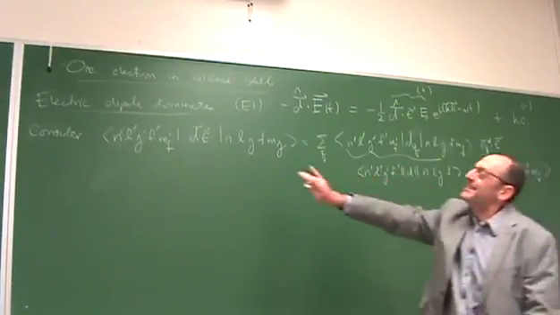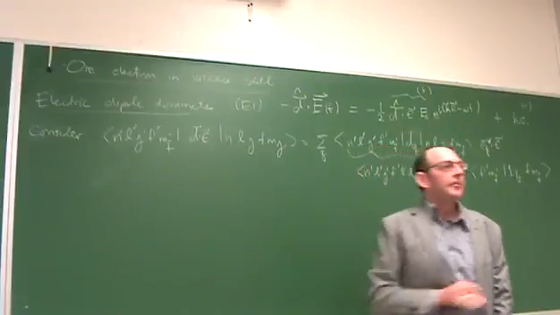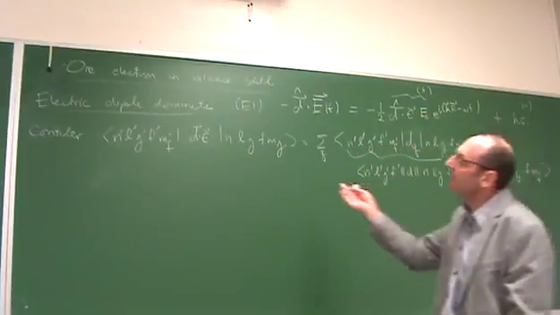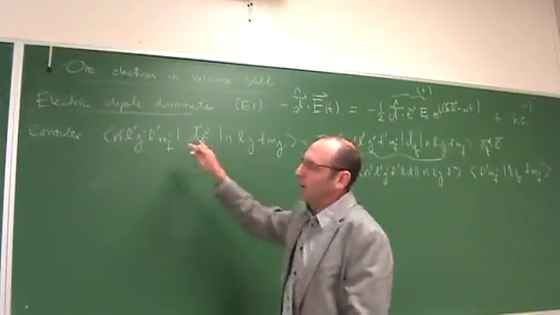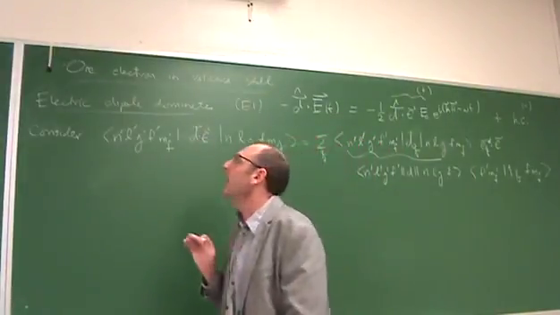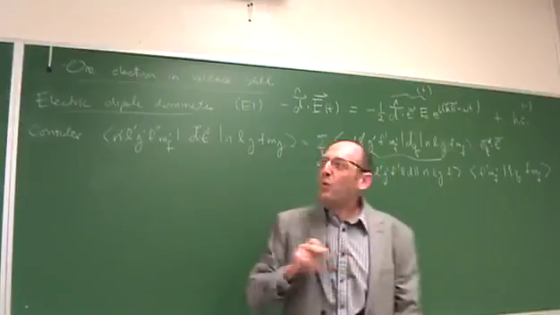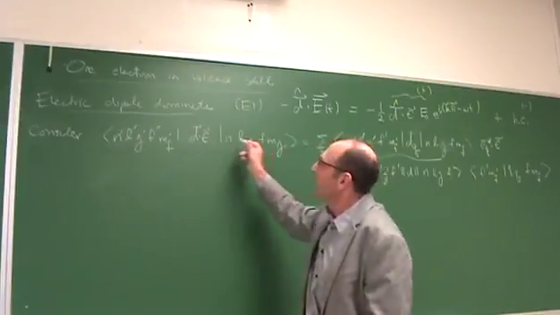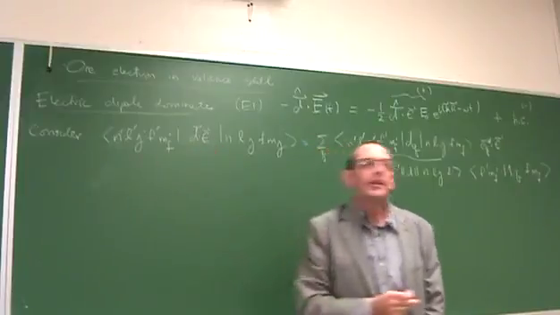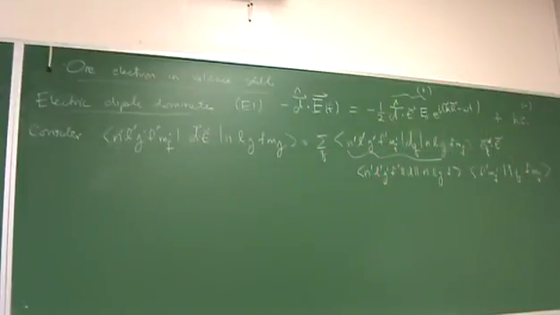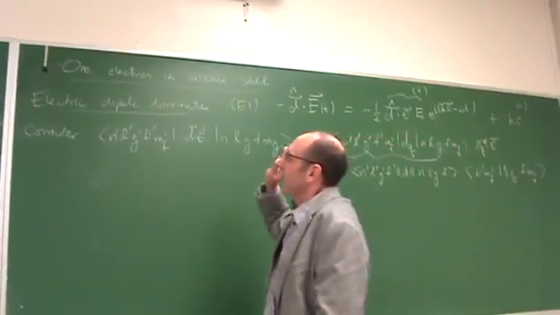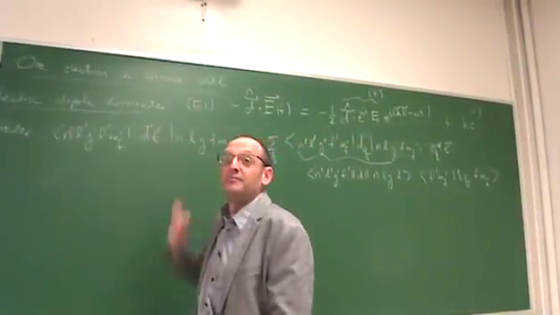And so we needed to consider this kind of matrix element in order to determine the rate of transition, and in particular what we're focusing on right now is what are the quantum numbers associated with the initial and final states that are allowed if this matrix element is not zero.